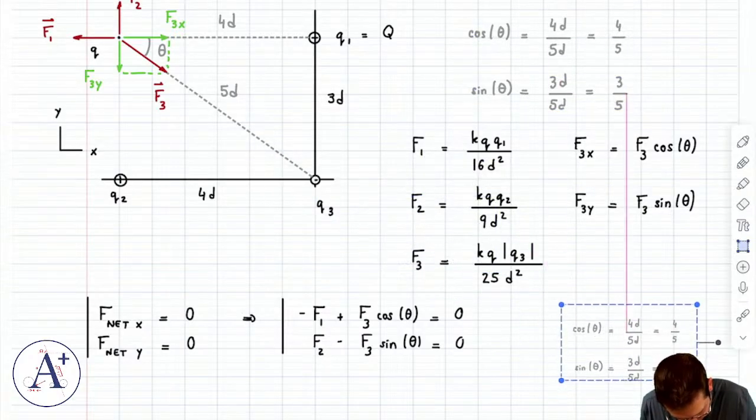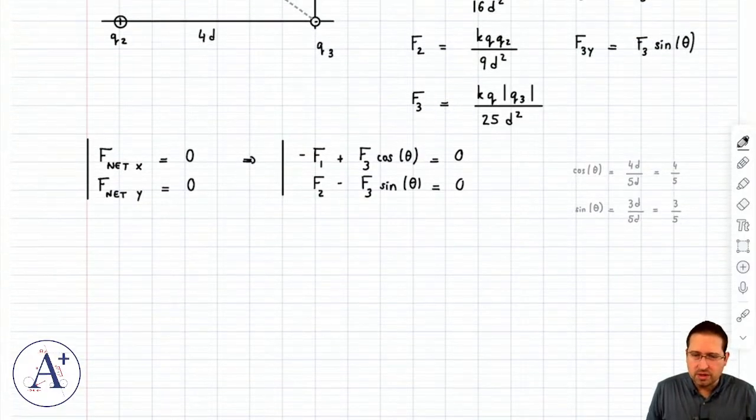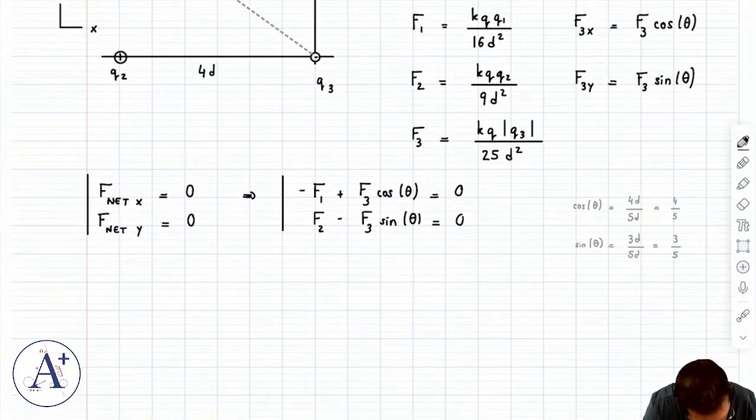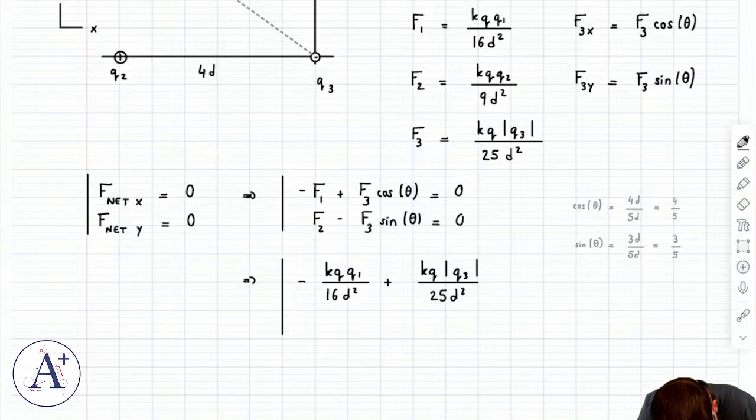We're going to need these guys, so I'll bring them down here just to reference them. Of course, we're going to need all of this, so maybe I should just, there we go, do that. Okay, so this is going to be minus F1. That's minus K Q Q1 divided by 16 d squared plus F3 is K Q absolute value of Q3 divided by 25 d squared cosine theta.